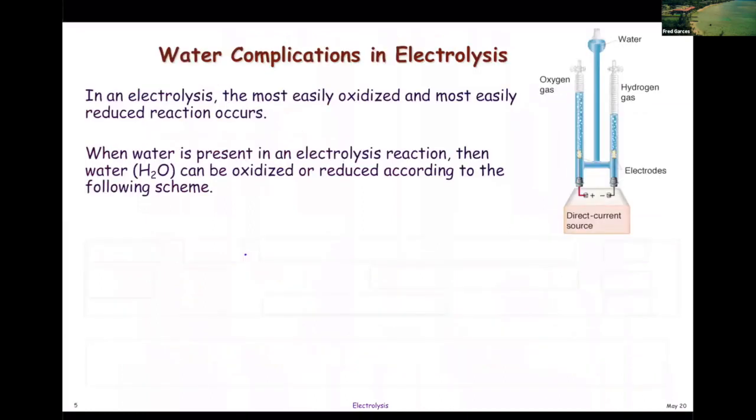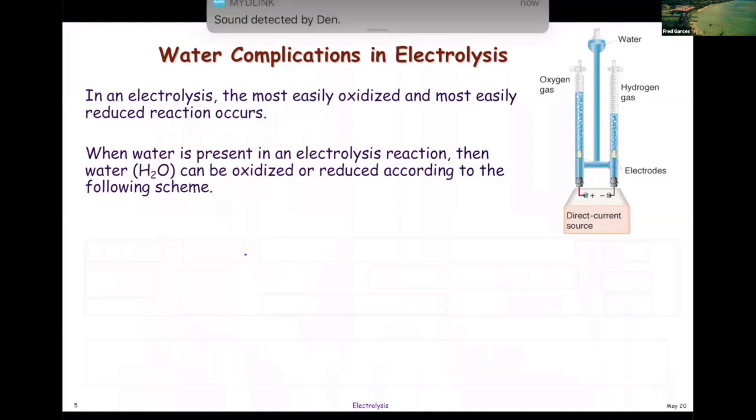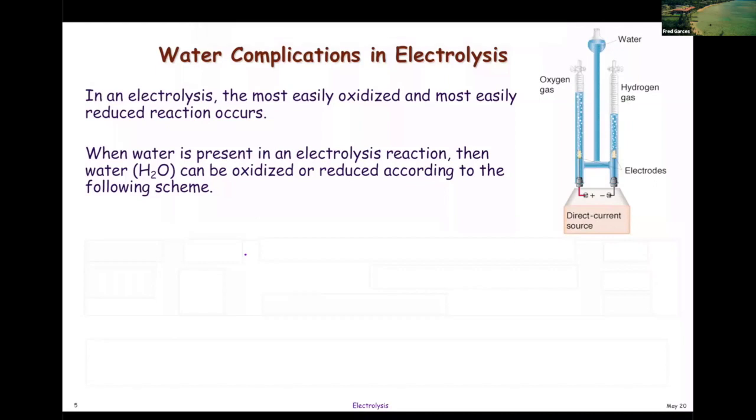Well, before I do that, let me just show you the electrolysis of water. And the reason why we need to do the electrolysis of water is because, remember what I said about Chem 201? You're generally dealing with aqueous solution, and so water is going to be part of the ingredients. So before we move on and do these other examples, I have to show you what the chemistry is when we oxidize and reduce H2O.